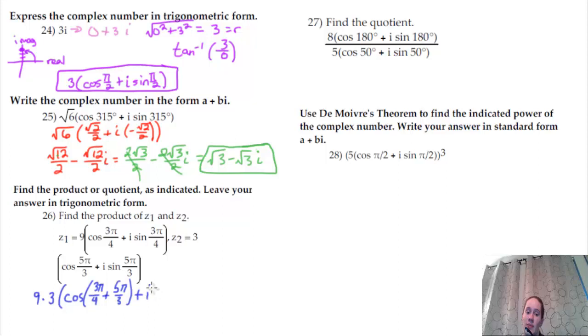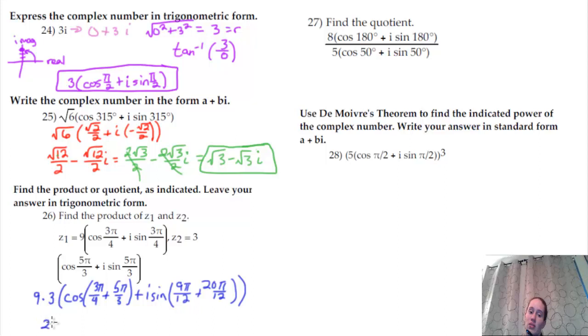Okay. I'm just going to put dot dot dot. Well, actually, instead of putting dot dot dot there, I can actually get some common denominators here, right? Because we need 12 on the bottom, so that gives us 9 pi over 12 plus 20 pi over 12, which would be 29 pi over 12.